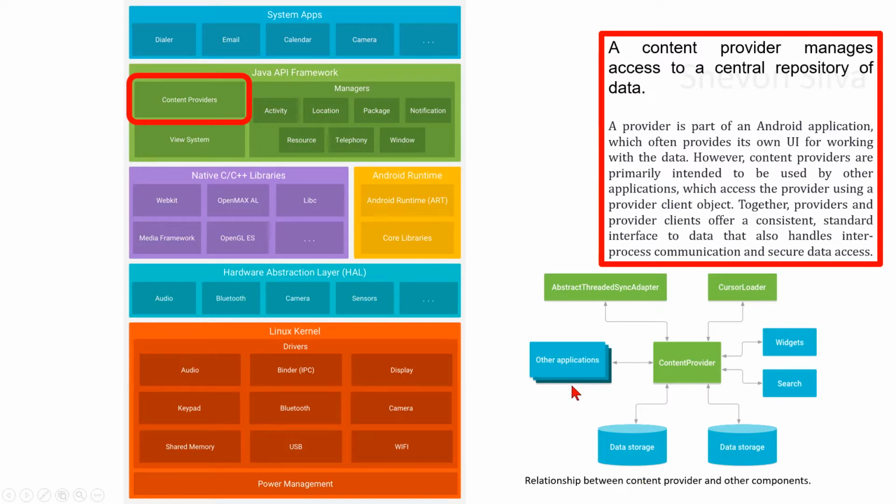Sharing access to your application data with other applications, sending data to a widget, and returning custom search suggestions for your application to the search framework using SearchRecentSuggestionsProvider. Synchronize application data with your server using an implementation of AbstractThreadedSyncAdapter, loading data in your UI using CursorLoader, and here you can see data storage and another data storage.